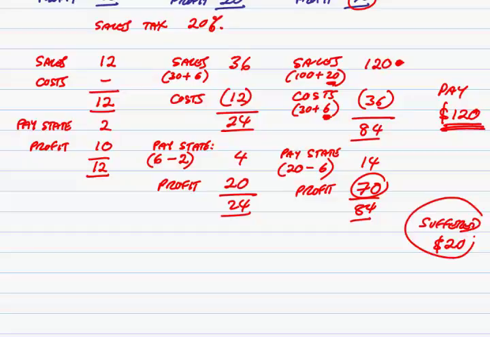But how did the state get that 20? They got $2 from the farmer, then they got another $4 from the knitter, then they got another $14 from the shop, and so in total the state has received 20.